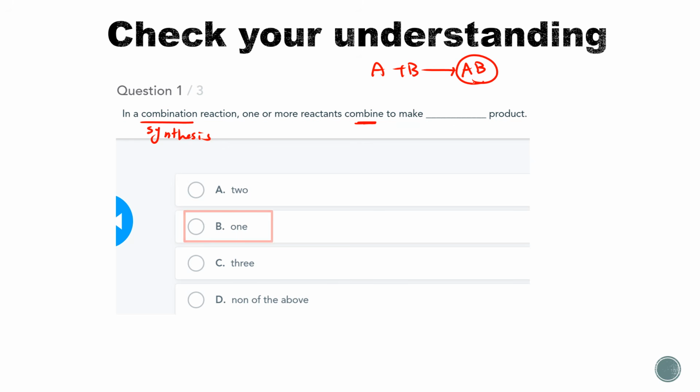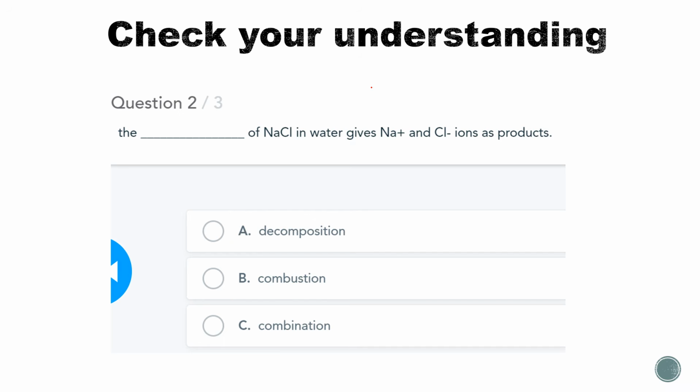We make one product. The dissolving of NaCl in water gives Na plus and Cl minus ions. So when you put NaCl in water, it gives you Na plus and Cl minus. So what type of reaction is this? It is decomposition. Okay? Very good.